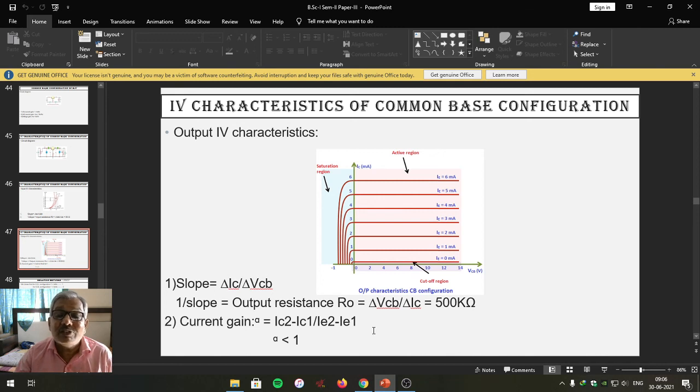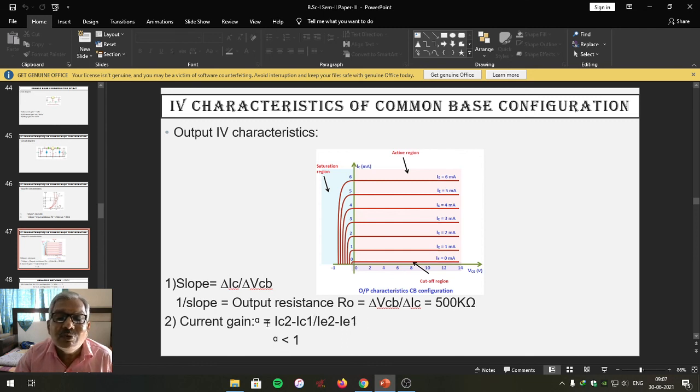Another parameter we have to calculate from this particular graph. Keep VCB constant, say 10 volt, or draw a line parallel to IC axis like this. Select any two curves. Note down IE1 and IE2 corresponding to IC1, IC2. And by using the formula of current gain, that is delta IC upon delta IE, take the ratio, that is IC2 minus IC1 upon IE2 minus IE1.